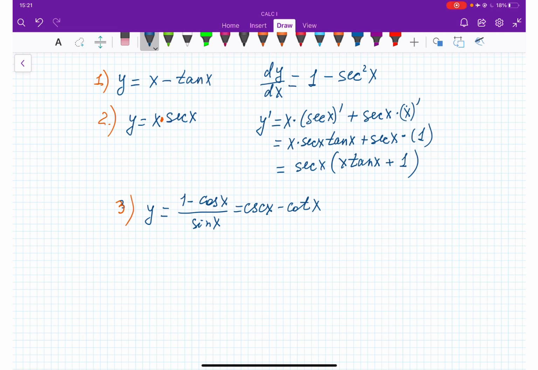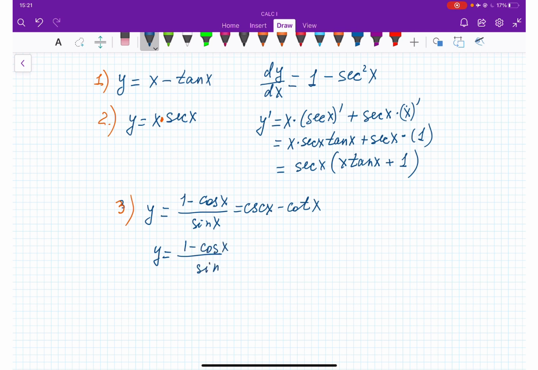And I'm going to use a different form of derivatives. Let's see. First, I'm taking care of 1 minus cosine x over sine x. Y is equal to 1 minus cosine x over sine x. Let me rewrite nicely. That looks ugly.